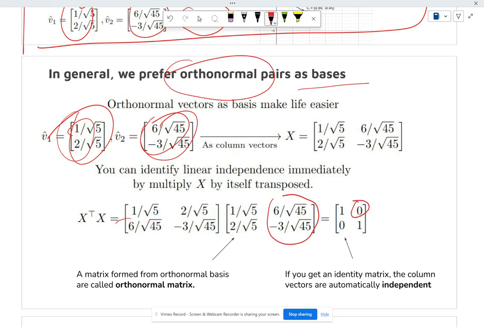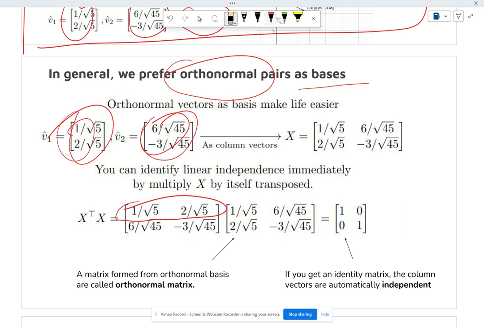And the very last one, when you dot them together, you're going to get 1. The ones came from the fact that it's just dotting itself. When it dots itself, it's essentially giving you the length. And when it's dotting the other one, because of orthogonality, it's always going to give you 0.